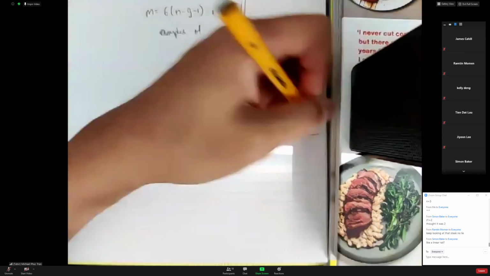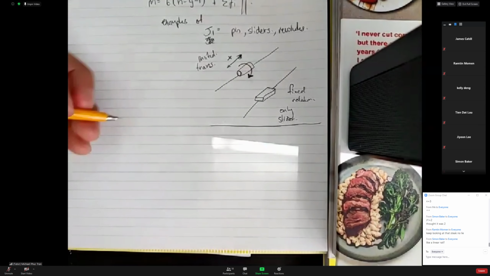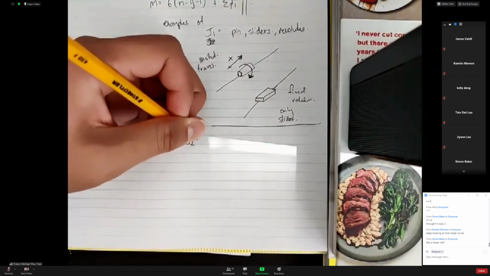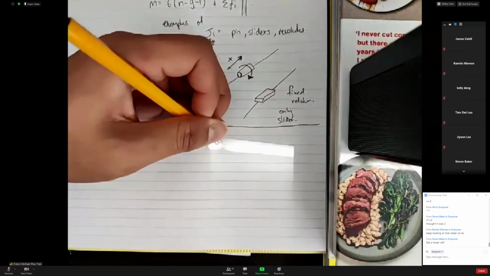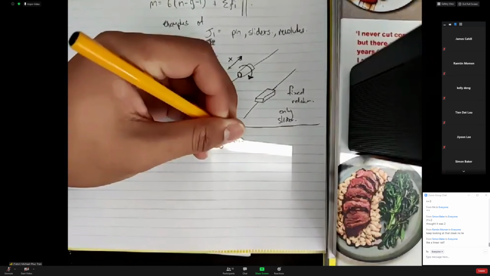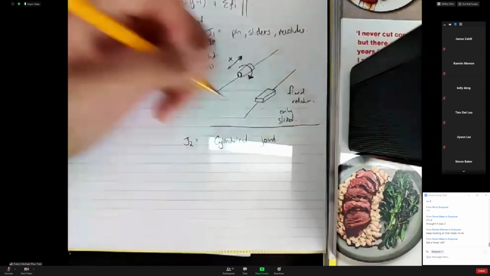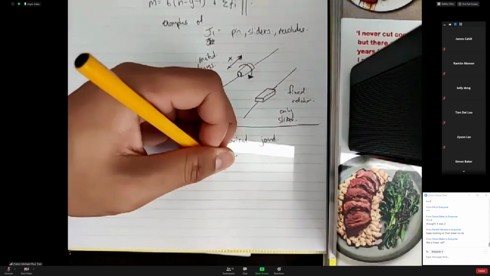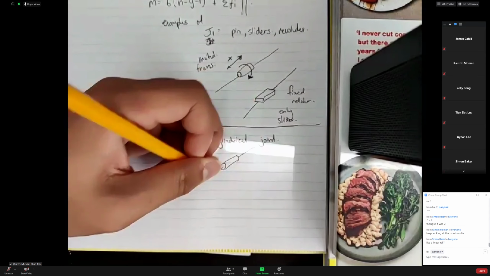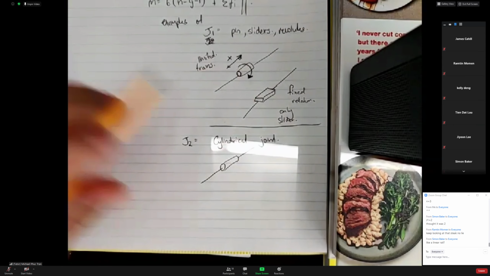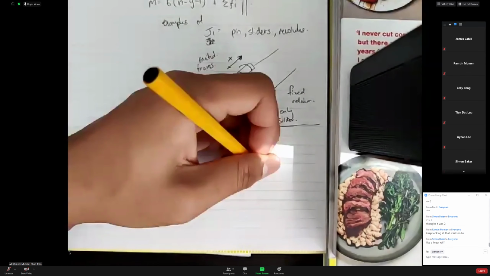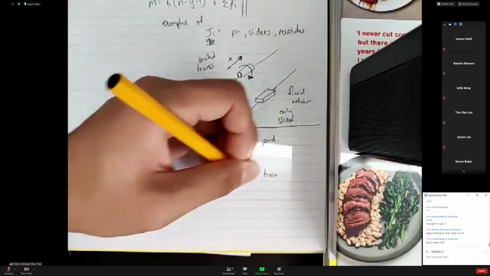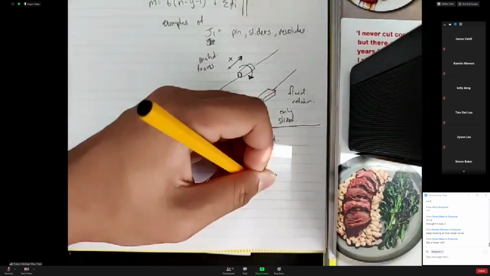So J2, cylindrical. So that's if you had a cylinder on a rail and it's not restricted in rotation. So free translate, free rotate.